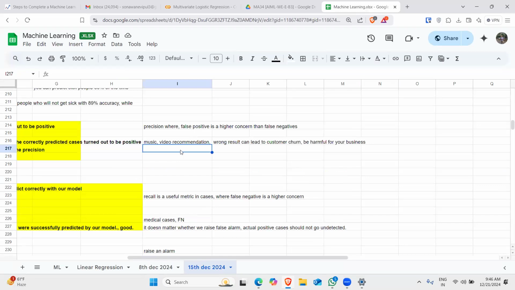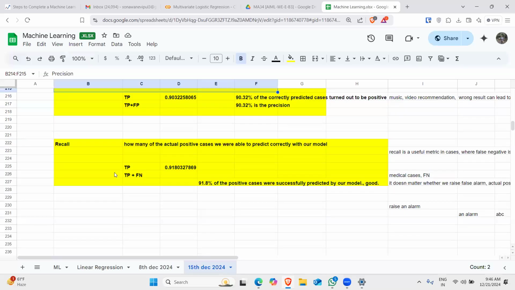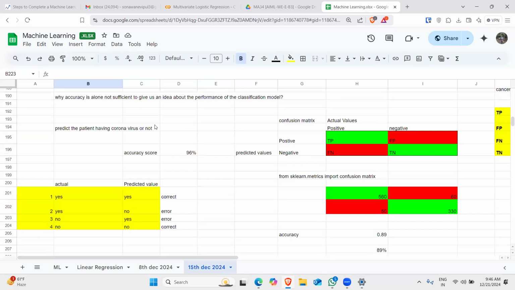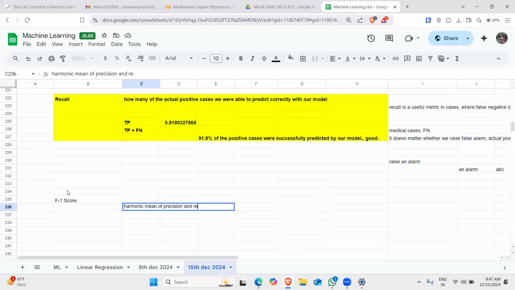So I hope you got a clear-cut idea about when precision is important, when recall is important, and when accuracy fails. And we have the last metric, that is your F1 score. It's a harmonic mean of precision and recall.